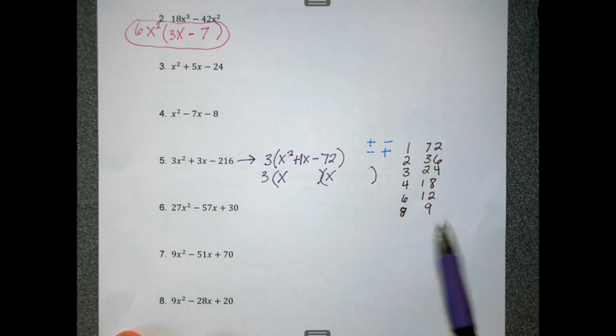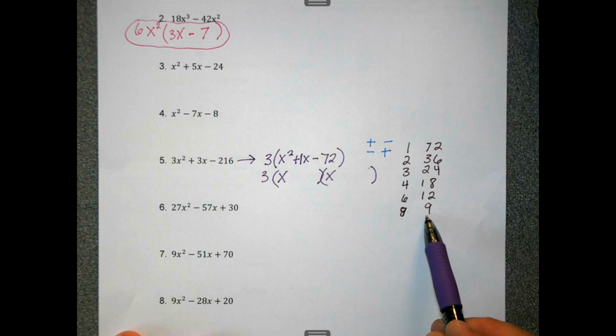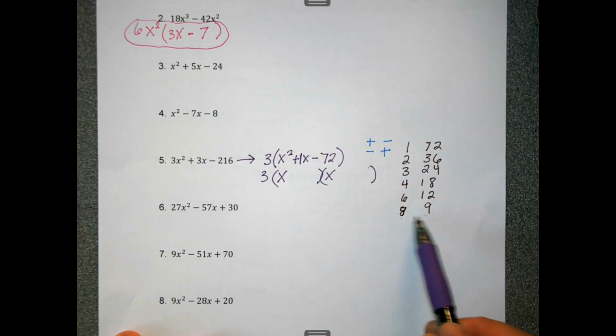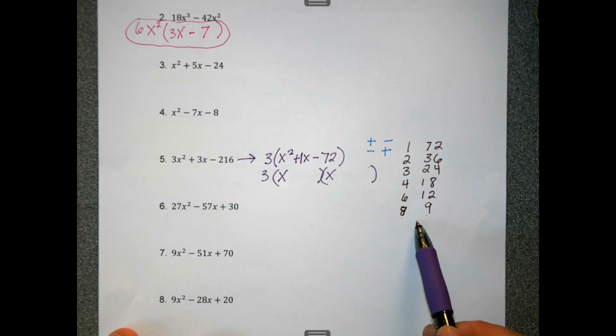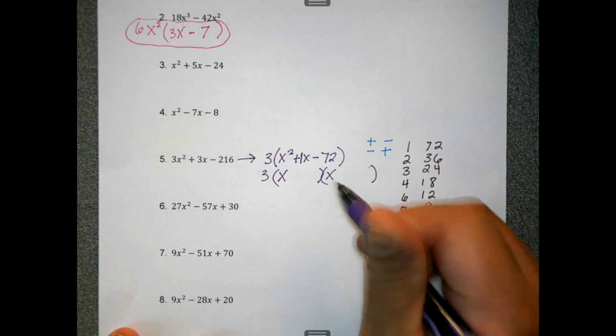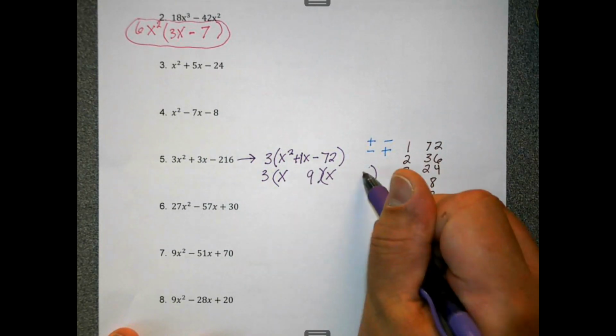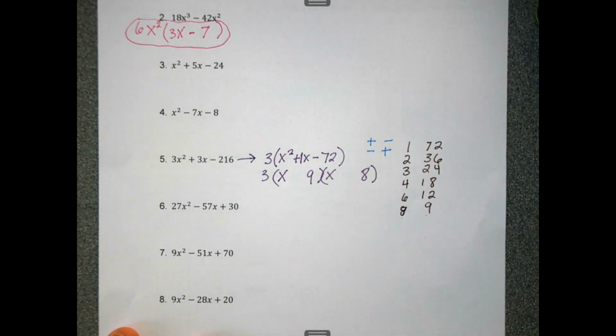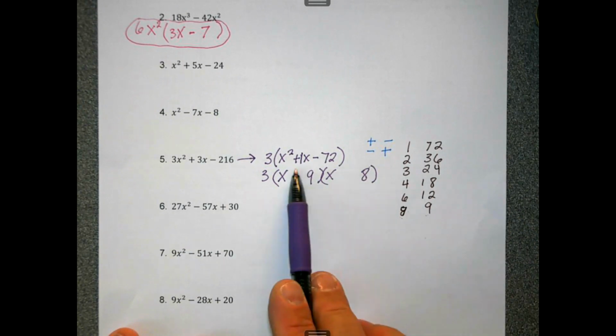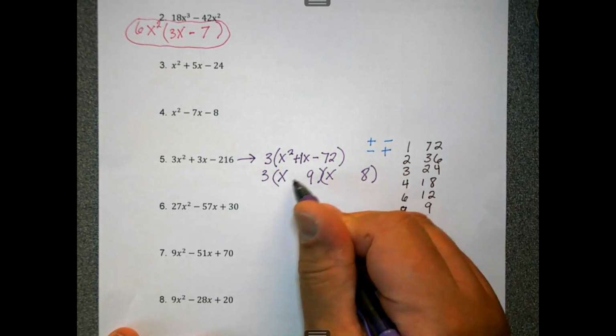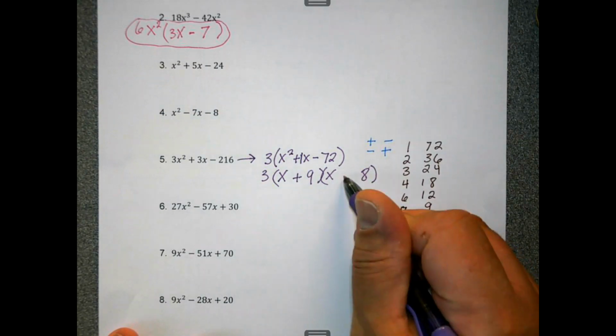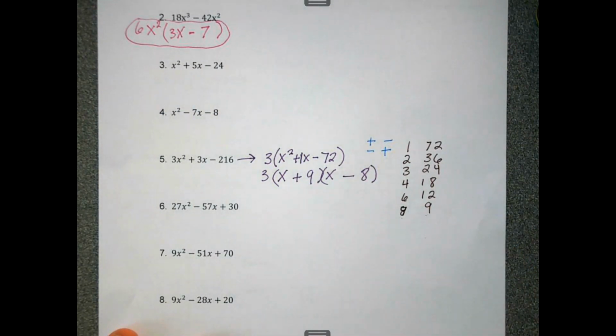So I'm going to pick 9 and 8 because I know that when I subtract those, I'm going to get 1 left. So the question is, what sign do I use? 9 and 8. Well, I want it to be a positive one, so I want the 9 to be the positive number, so I'm left with a positive 1.